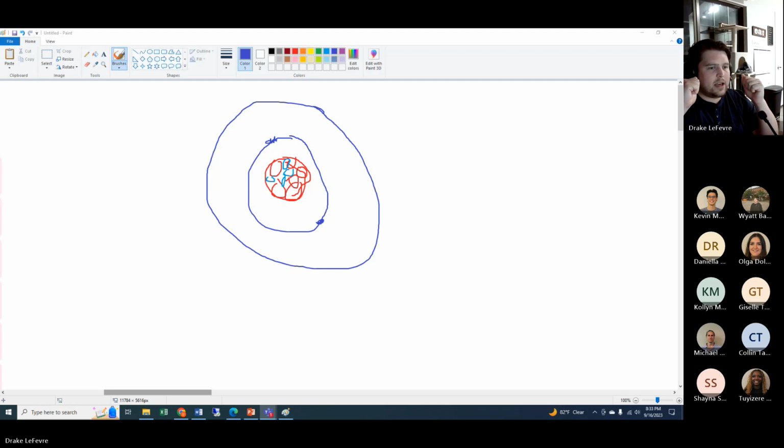The stronger, like the more negative of a charge that you have, the larger the negative charge, the closer it's going to pull towards the positive charge. The closer they're going to get to each other. And so the stronger the atom is going to hold on to those electrons.